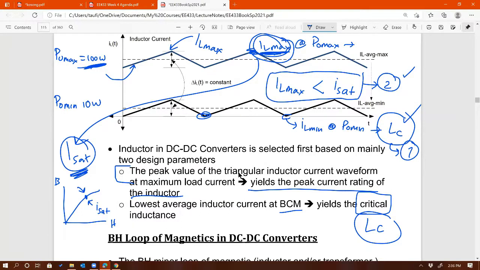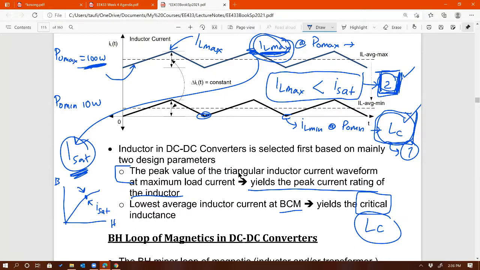I would say almost all of them already know the L value, but they're not aware of ISAT. They just come to me and ask, okay, is 10 microhenries good? Not just the microhenries, but also the current, right? You need to pay attention to the current because you don't want to saturate that inductor, okay? Especially for power electronics, for DC to DC converters, you need to know ISAT.